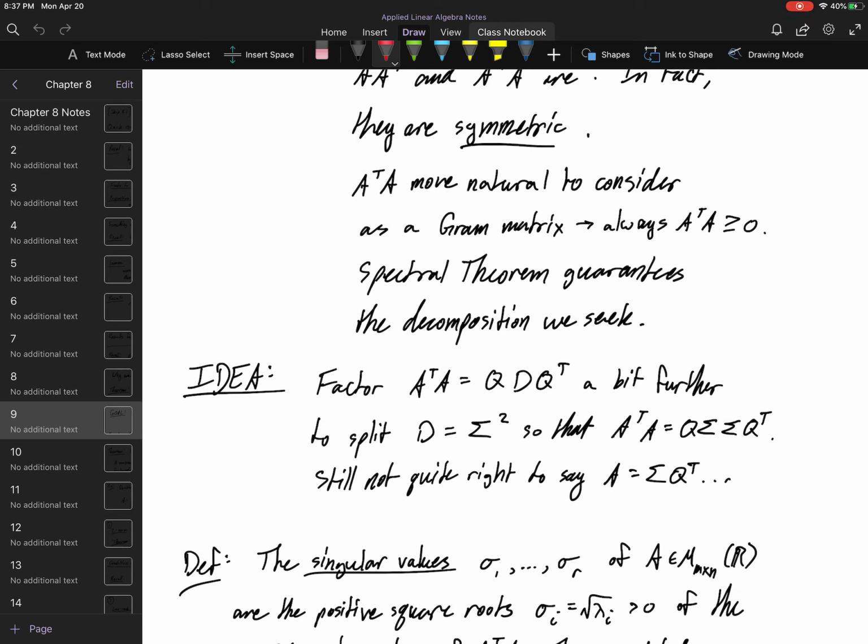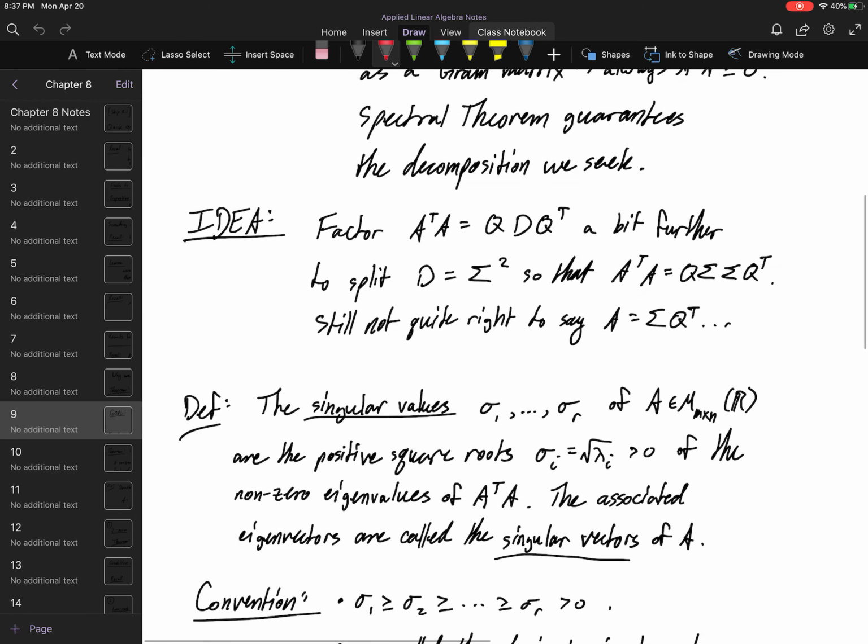And what we're going to do is factor out exactly A transpose A into its spectral decomposition, and this will be effectively the diagonalization that we know and love. So in this case, we're going to go a little bit further here.